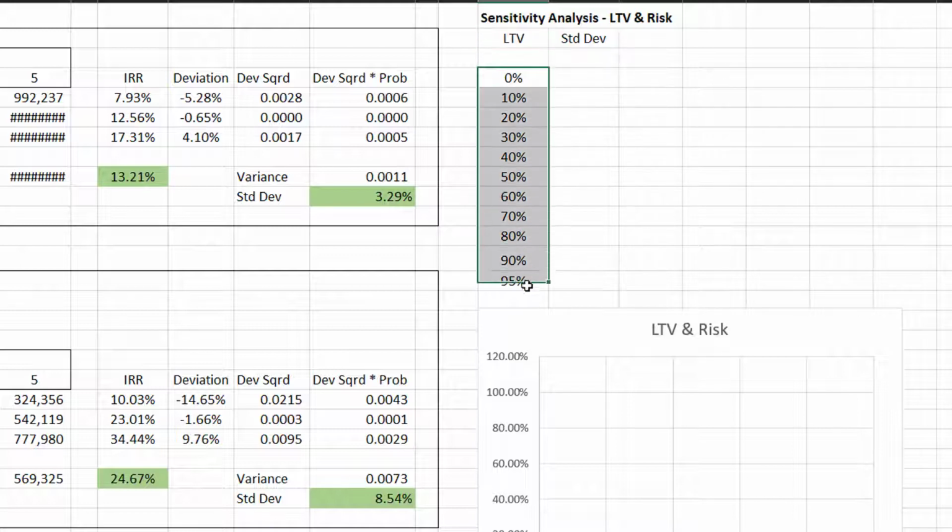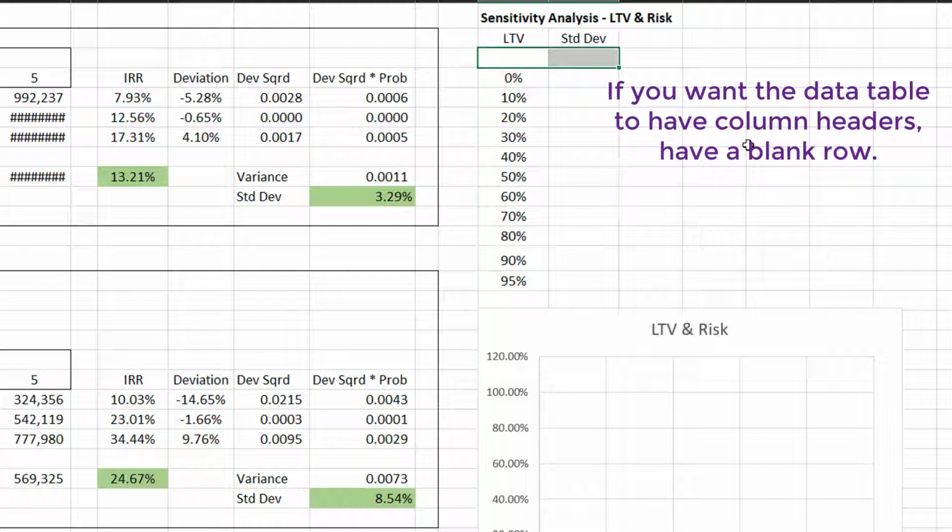So I've picked a variety of numbers here. I'll either provide those to you or have you come up with them. But in this case, I've just provided these numbers. This is what I want to find out. What is the effect of these different loan to values on the standard deviation or the risk of this asset? And up here in this little cell, notice that there is a blank row right now. We need to have that anytime you're setting up a data table.